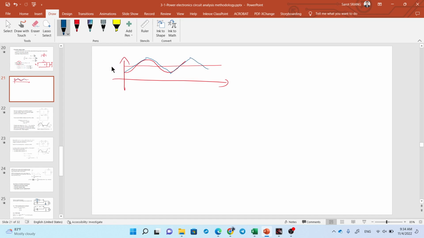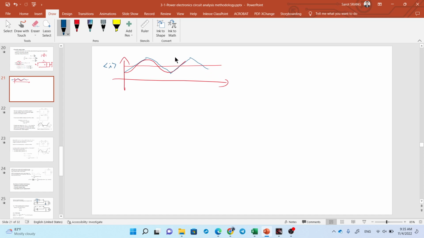So this value, the average value here, I would call it, I put this symbol to be the average value at here.